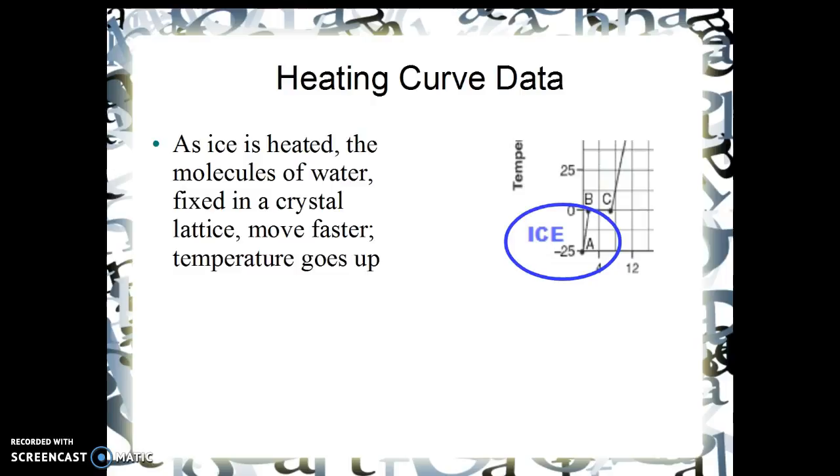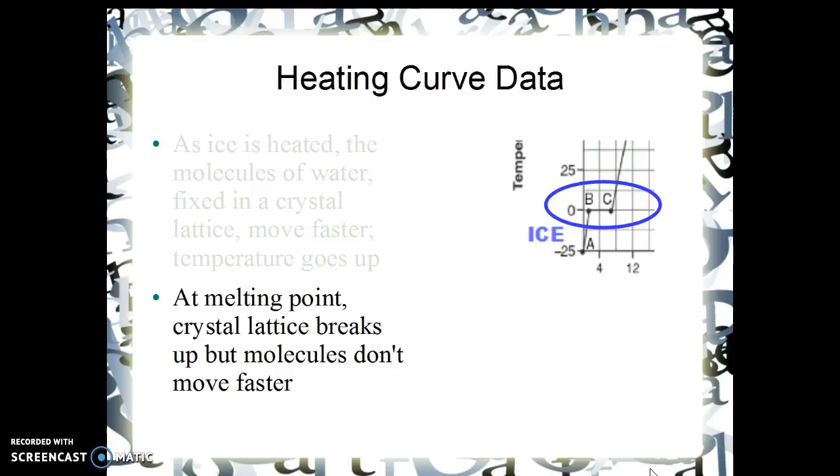So as they get faster and faster, the temperature goes up, but they're still held in this crystal lattice. At the melting point, the crystal lattice is breaking up, but the molecules are not vibrating any faster. They're just getting out of position so they can slide over each other, as you see in a liquid. Because liquids are fluids, they can pour.